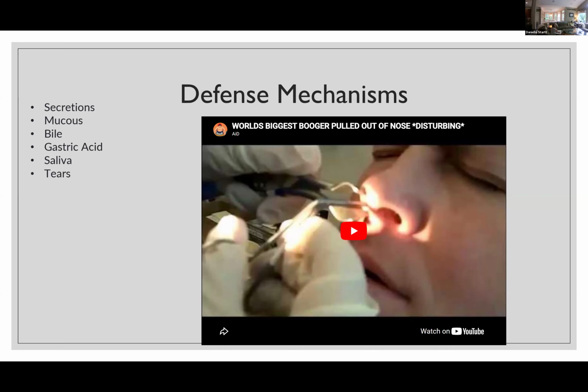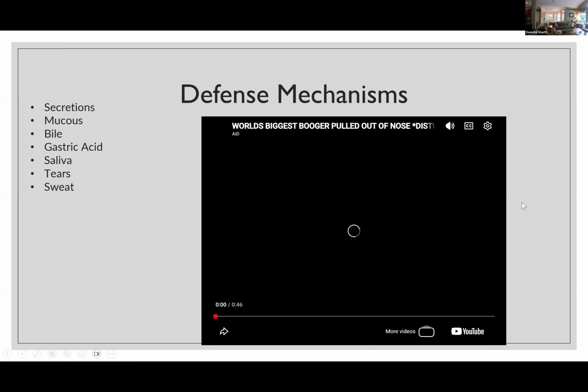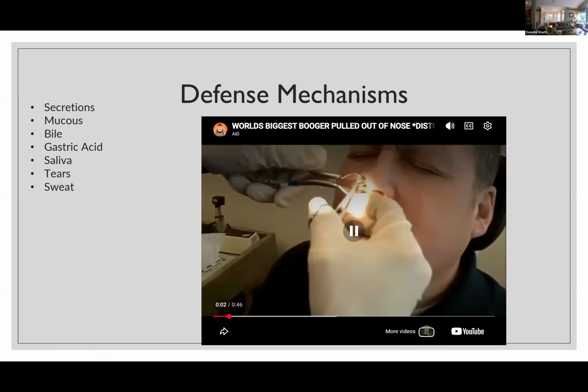Tears obviously keep your eyes wet and lubricated, but they also keep yuck out of your eyes. You ever been outside when it's dusty and your eyes tear up, you make more tears because your eyes are trying to wash stuff out, right? Sweat, although its main purpose is to cool you down, it can also wash some stuff off the surface of your skin. This is what happens if you get a really big booger that you can't get out.